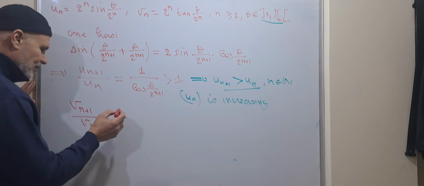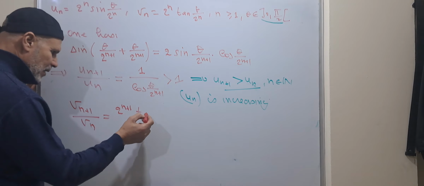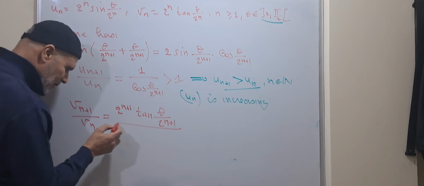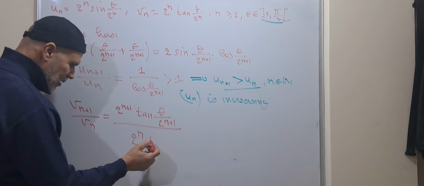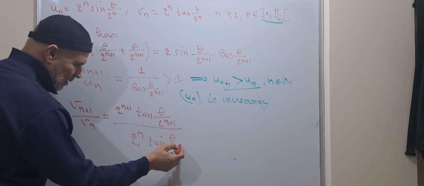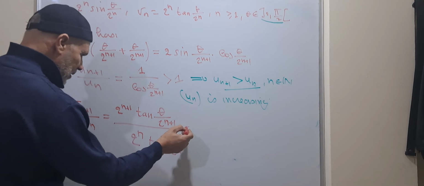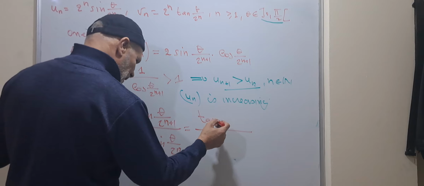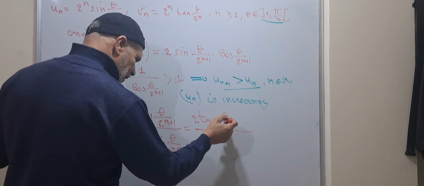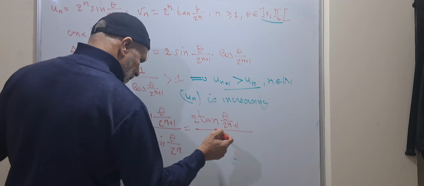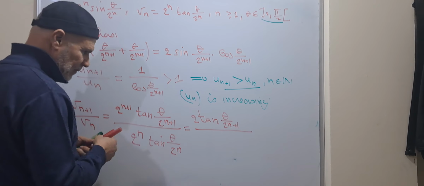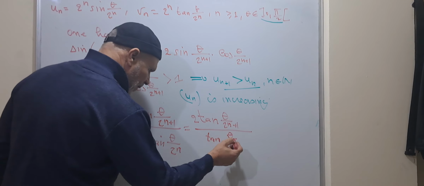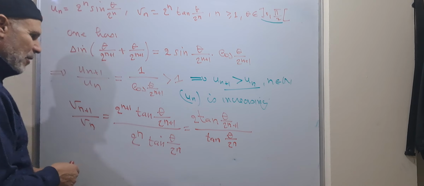This is equal to 2 power n plus 1 tangent theta over 2 power n plus 1, divided by 2 power n tangent theta over 2 power n, which is equal to 2 tangent theta over 2 power n plus 1, divided by tangent theta over 2 power n.